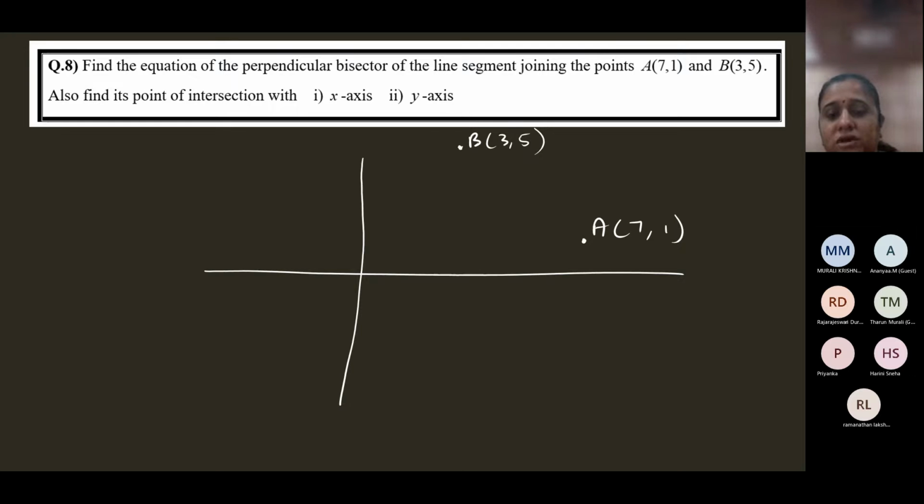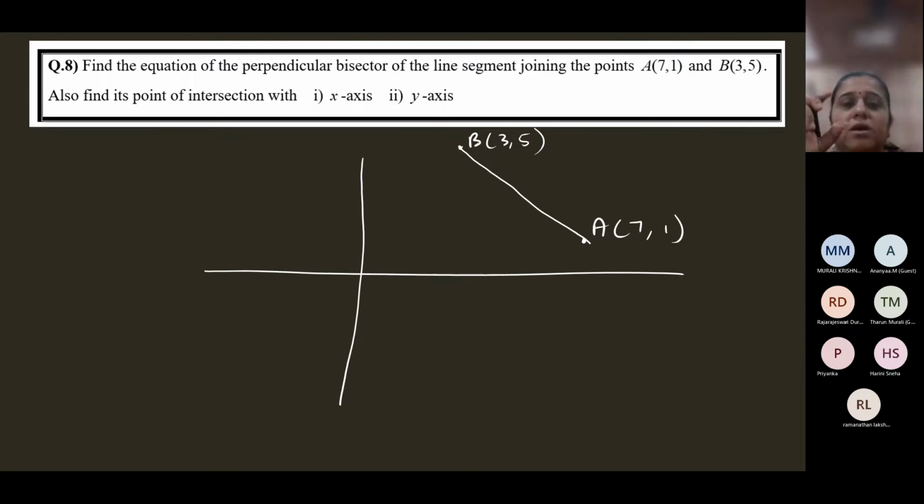Now this is the join of A and B, the line segment AB. You know how to construct a perpendicular bisector. With A and B as endpoints, you use a compass fitted with a pencil. The radius should be more than half the length of the line segment AB.